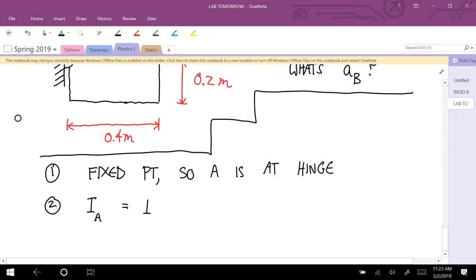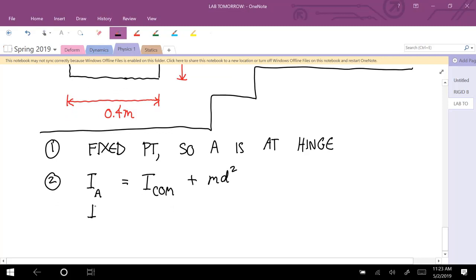Okay, so I_A is equal to I around the center of mass plus md squared. And if you look at the formulas I gave the other day, the mass moment of inertia about the center of mass is 1/12 times the mass times the length squared plus the width squared. So 0.4 squared plus 0.2 squared.